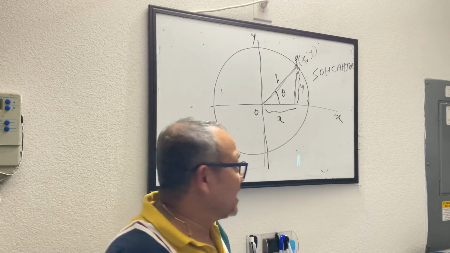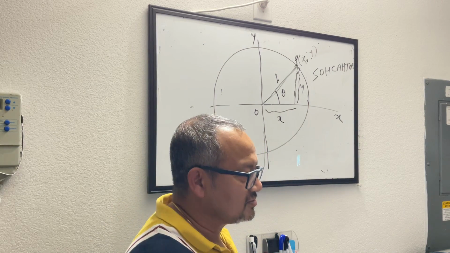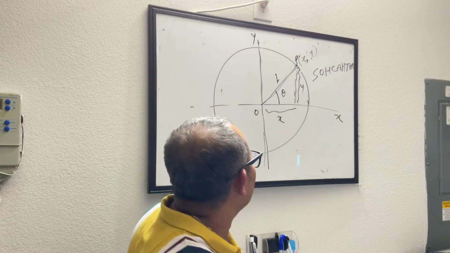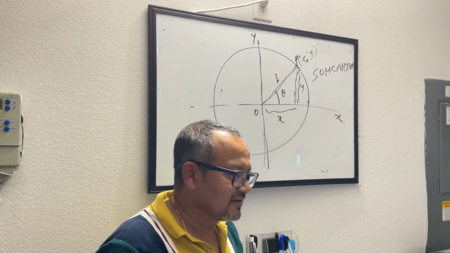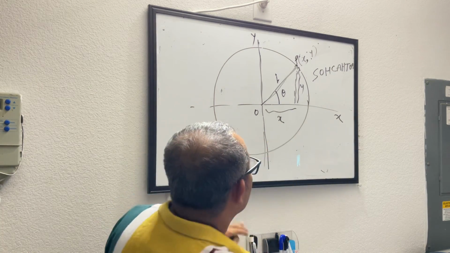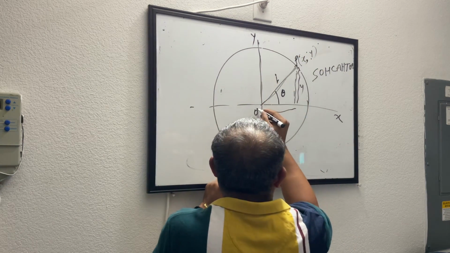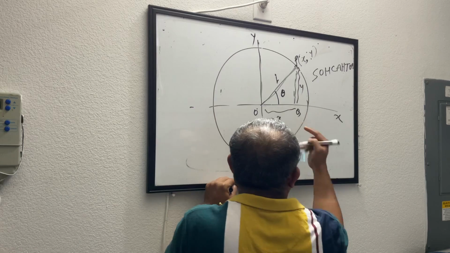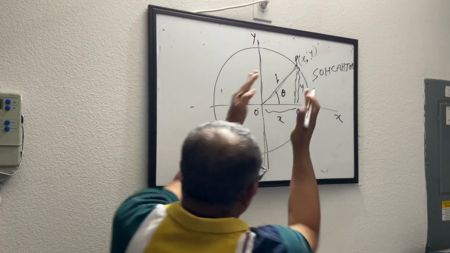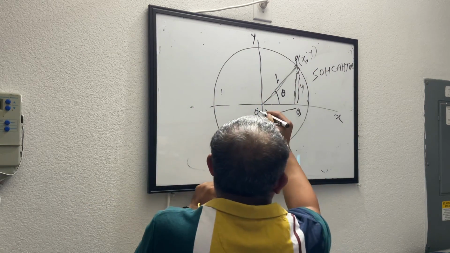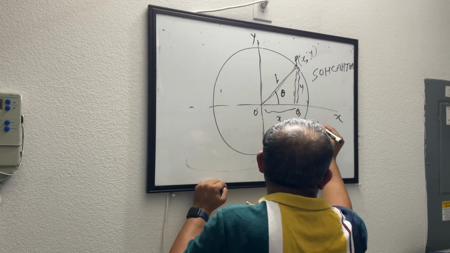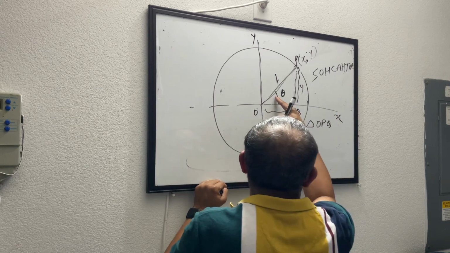I'll get you guys tired of SOHCAHTOA so much so that you don't have to practice by yourself. Now let's look at this. This is O, this is P, and this is Q, point Q. Now I'm zooming into this triangle OPQ.